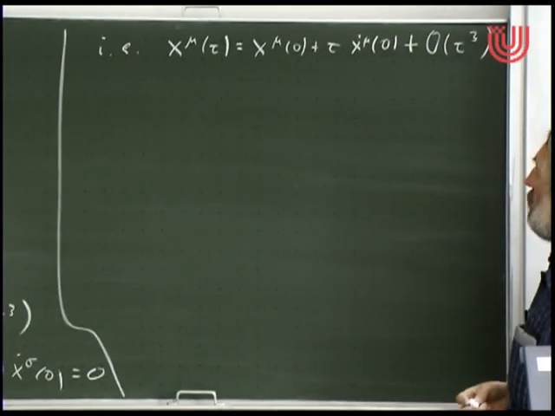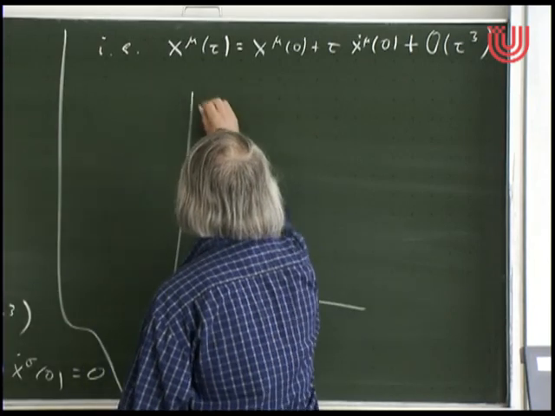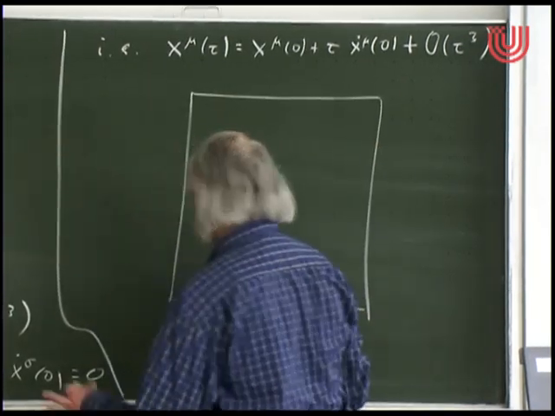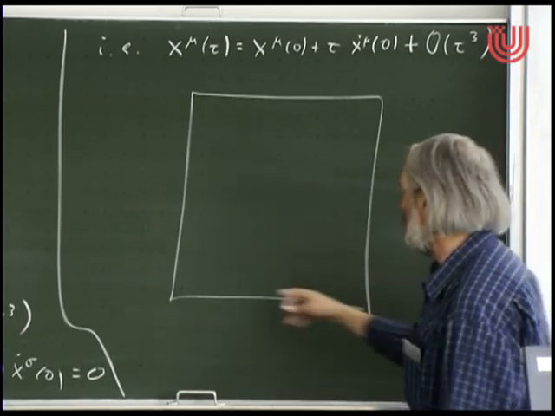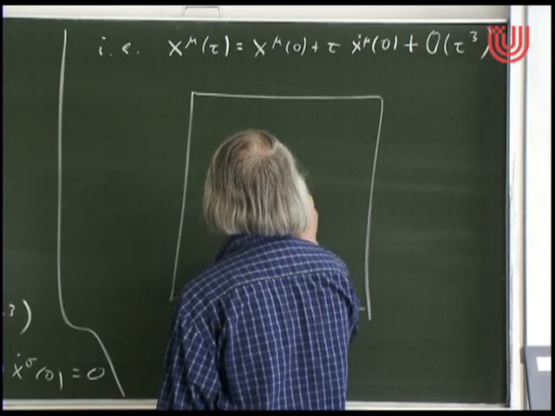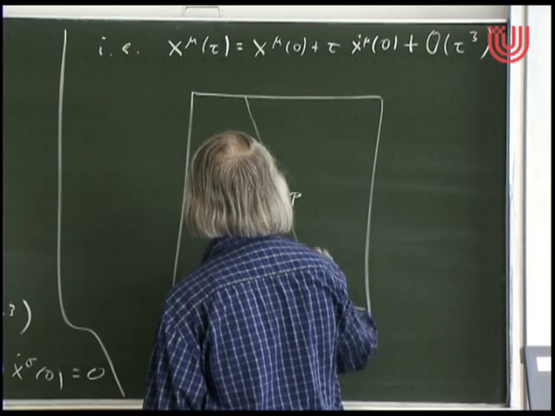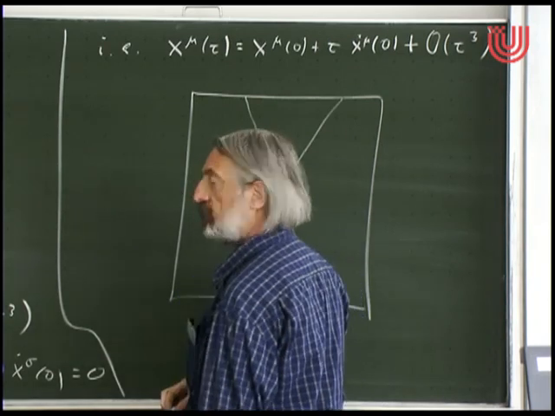That was my claim. If you want to depict this, I draw a neighborhood, not so small so that you can see something, but think of this as being small. This is attached to a point P, and this is very small. So in this small region, the geodesics can be considered as being straight lines.